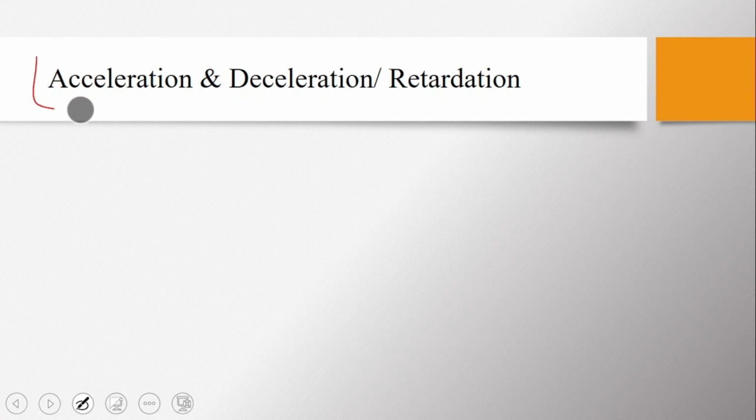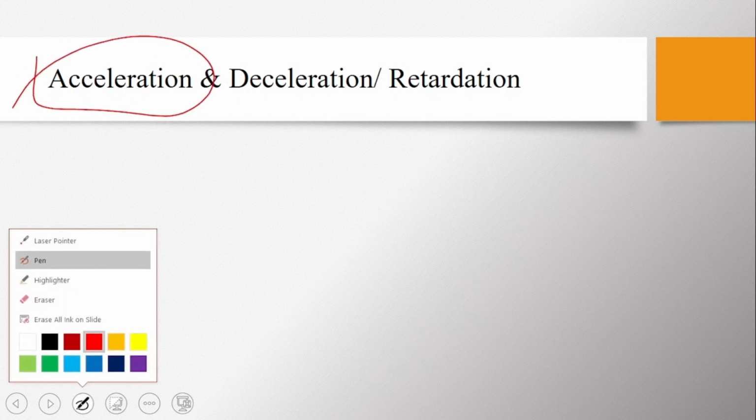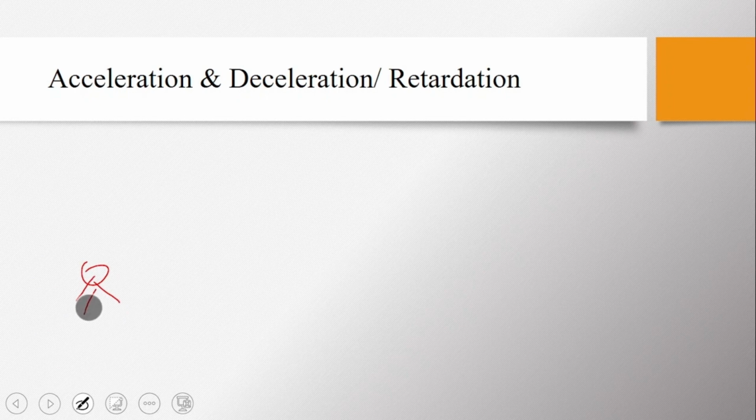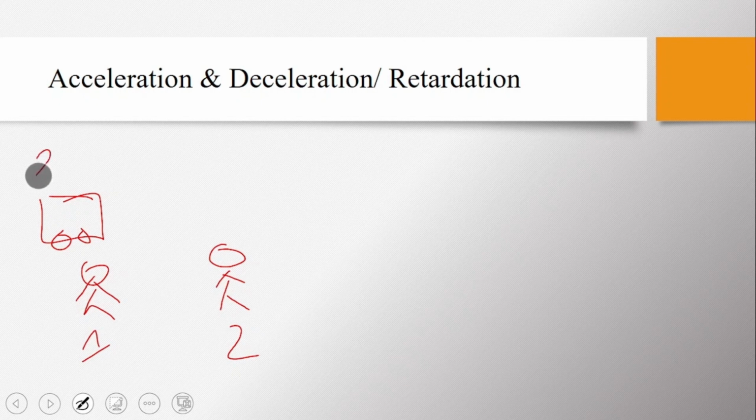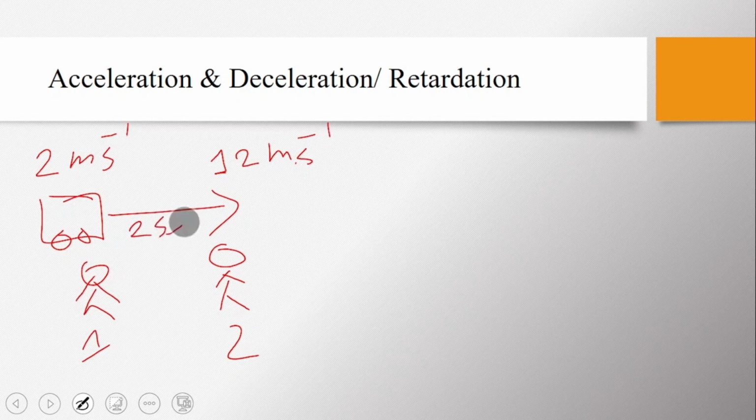Right. To explain acceleration, I'm going to the previous example. There were two persons, person one and person two. There was a bus traveling and crossing person one with velocity, let's say I'm taking other values here, 2 meter per second, and crossing person two with velocity 12 meter per second, in a time of, let's say, 2 seconds.